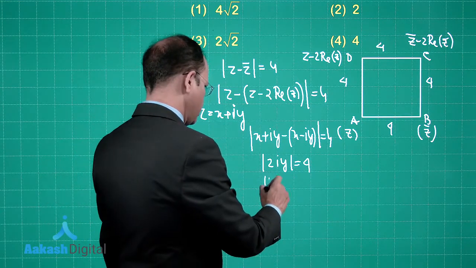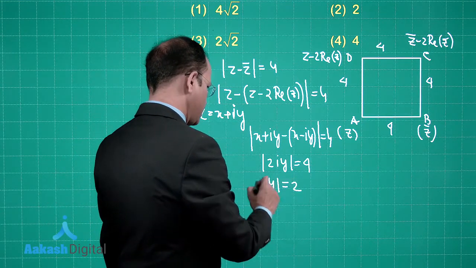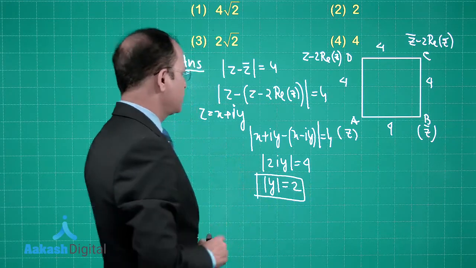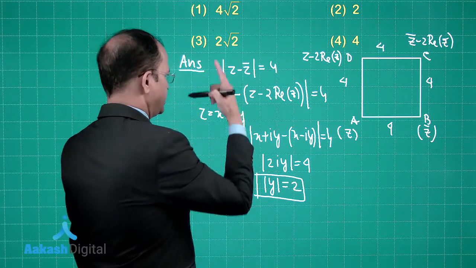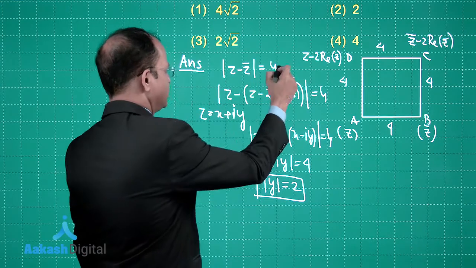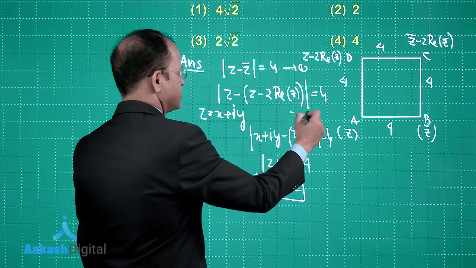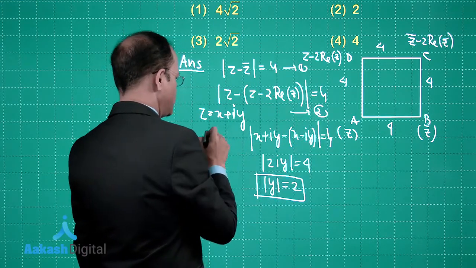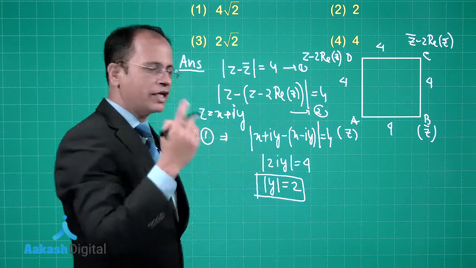Now the magnitude of y is coming out to be 2 in this case, got it? This is the first case we have taken. What about the second one?